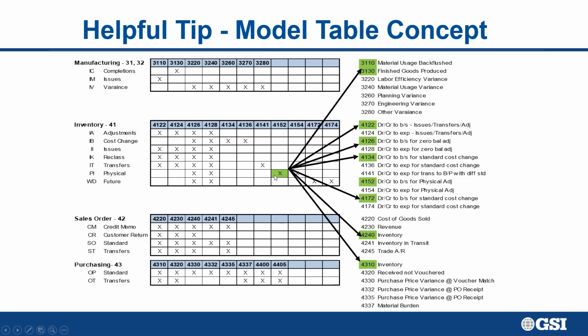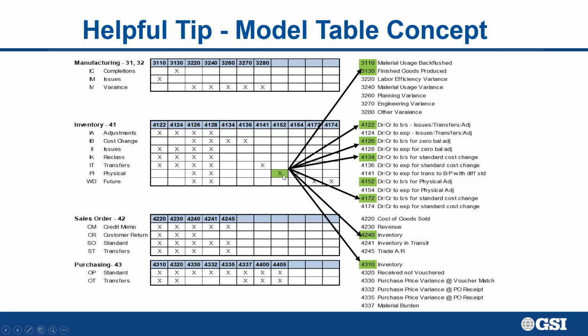If I had a finished goods geo class code, it would go to the finished goods account, and so on, right? Once I have one that I am absolutely sure is correct, now what I can do is take this one and compare it to all these other tables that are marked in green here. And they should look very similar, if not exactly the same, okay?